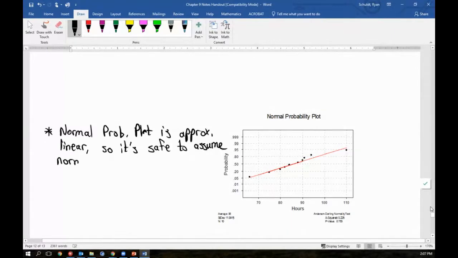Now, on this one, the reason we had a chart here is, for one, I want to mention this output down here. If you look at the bottom of the chart, you'll see something called the Anderson-Darling normality test.